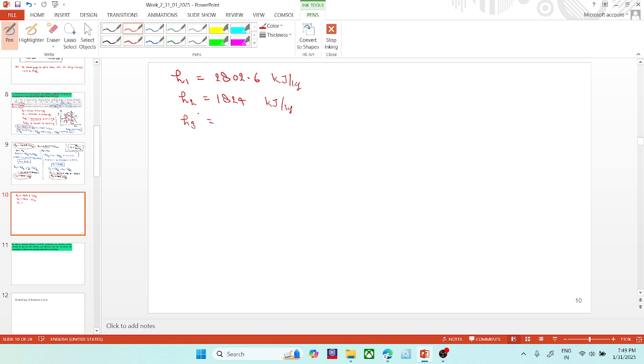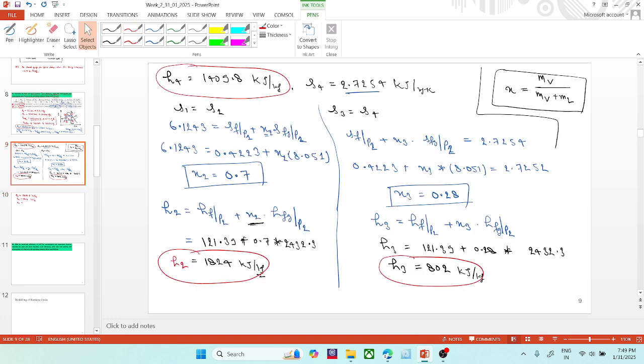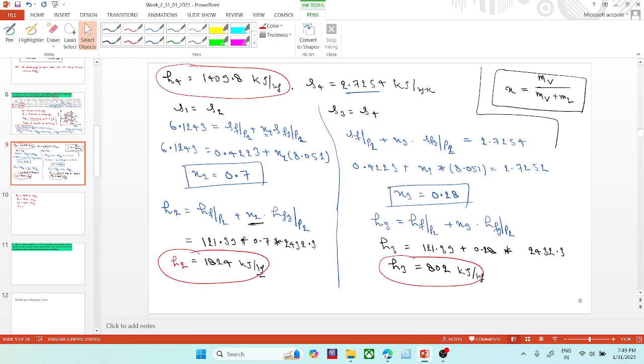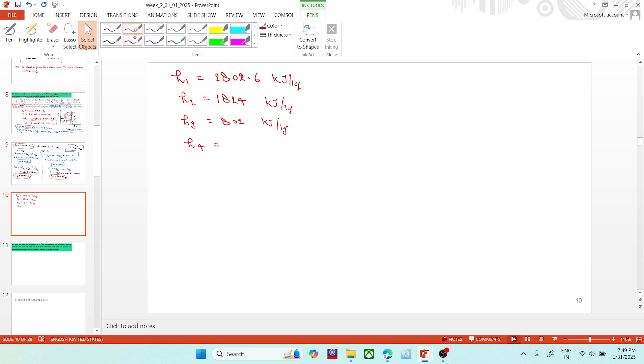H3 we have just got 802 kilojoule per kg, and H4 we found 1409.8 kilojoule per kg. So these are the values we got.